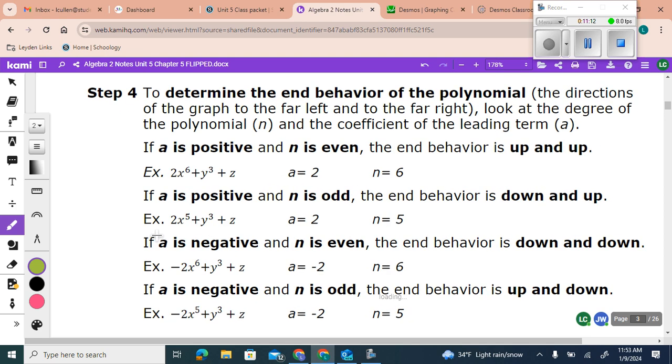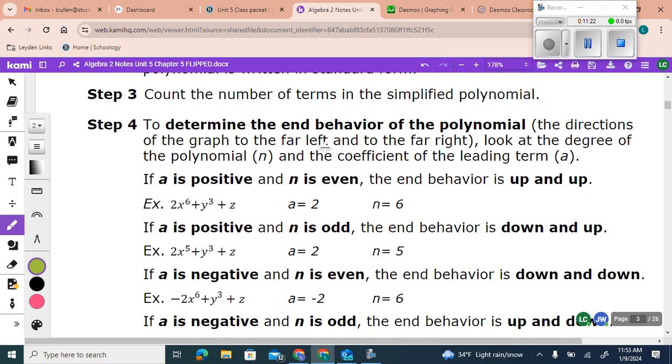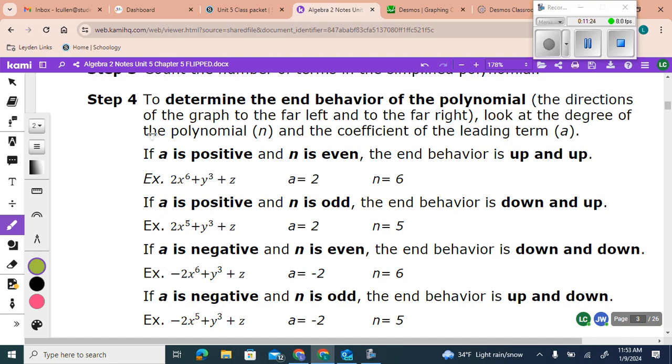All right. So A is your first number in standard form. If we look here, it says, look at the degree of the polynomial, n. N is your degree. And the coefficient of the leading term, A. So for example here, we have 2x to the 6, y to the third, z.